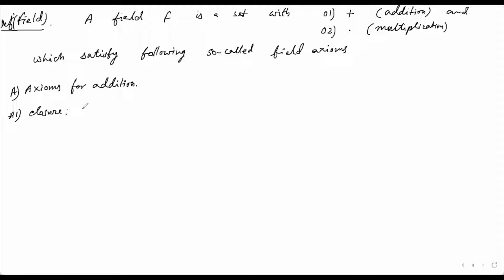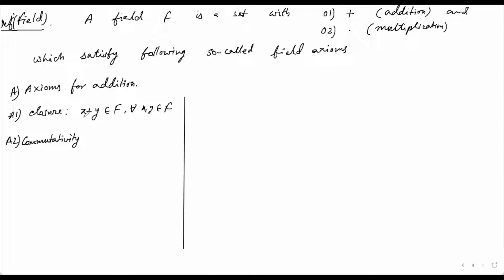It says that x plus y belongs to F for all x, y belongs to F. So if you take any x and y in F, their addition x plus y is in F. Second axiom is commutativity.